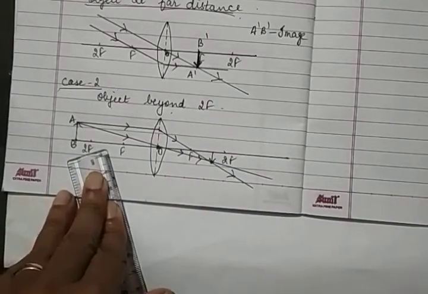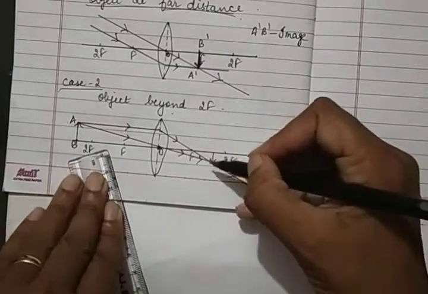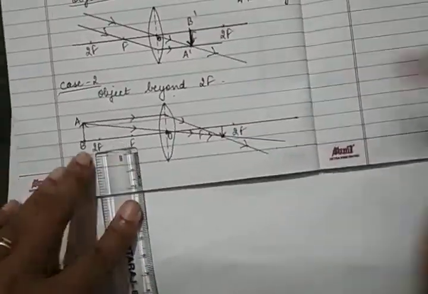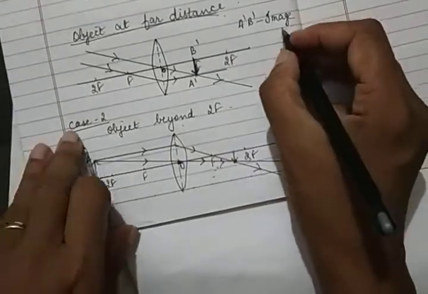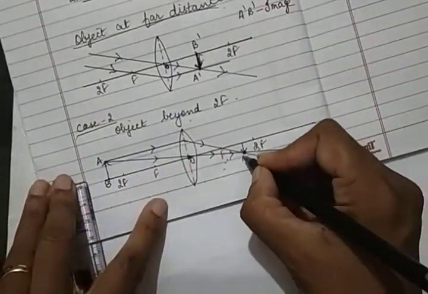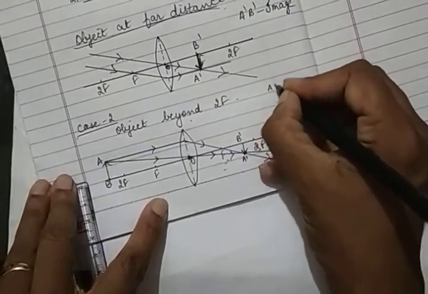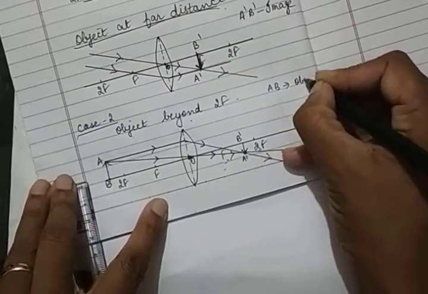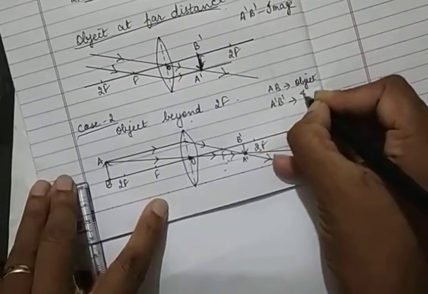Here we get an inverted image again between F and 2F. So here this is A dash and this is B dash. So immediately write AB object and A dash B dash is the image.